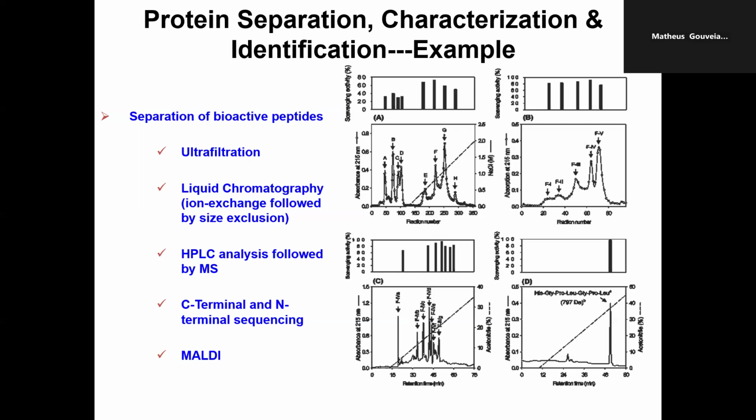And then you take that one fraction running on MALDI, for example, and determine its molecular weight and do N-terminal sequencing or ladder sequencing by MALDI and identify. So oftentimes to reach your goal, you have to do many steps.